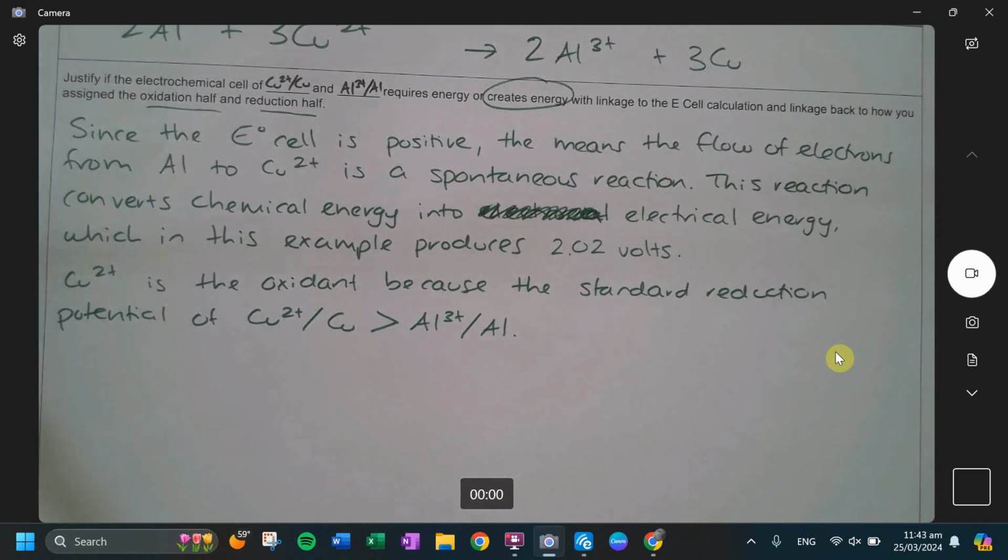And that's all you need to do for the excellence. So like I said, it's not too much of an extra step.